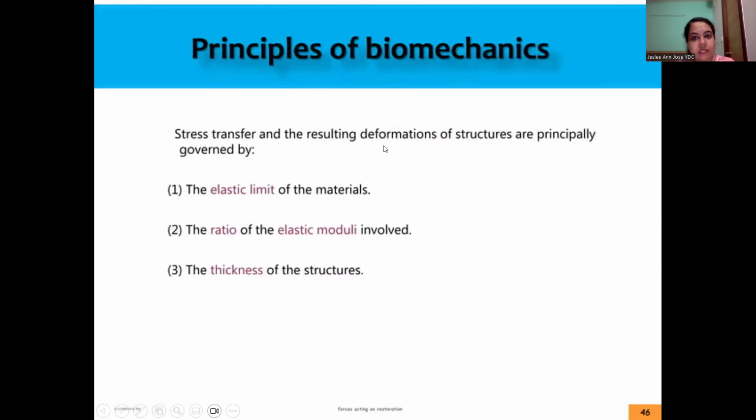Let's move on to the principles of biomechanics. Whenever there is a stress transfer and resulting deformation of the structures, it is principally governed by three factors: the elastic limit of the material, the ratio of elastic moduli involved, and the thickness of the structures.